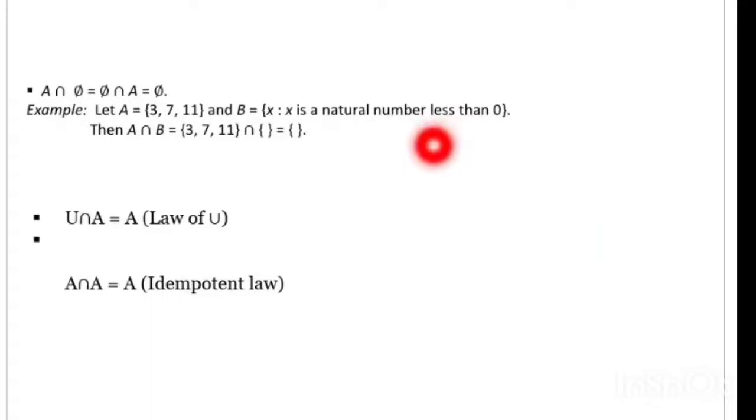Hence the set B is an empty set because it does not contain any element. Then A intersection B will be 3, 7, 11 intersection the empty set, which results in the empty set, that is phi set. Hence the intersection of the set A with an empty set always results in an empty set.